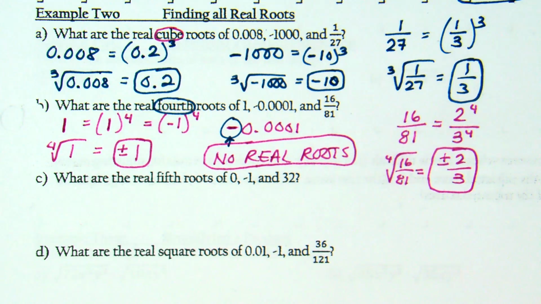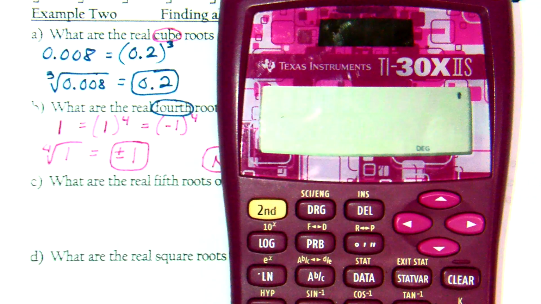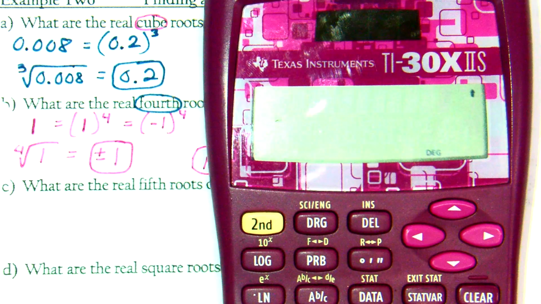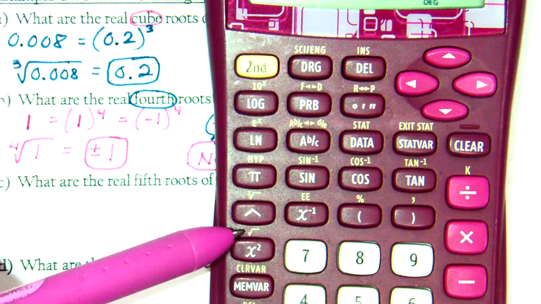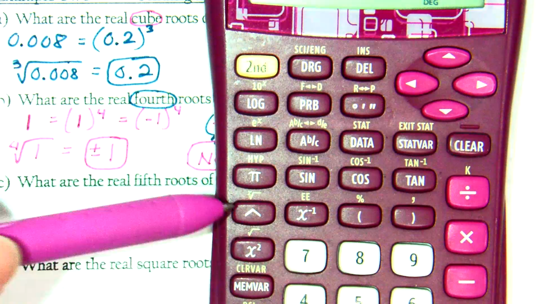Now, I wouldn't mess with entering it as a fraction, but what I'm looking for, sorry, I've forgotten where it is on this calculator. Okay, so if you use the same calculator I do, above my x squared button is my square root button. Yes, this does any type of square root, but it only does square roots. Up here, above my exponent button, I have an x root button, which means I can do any root.